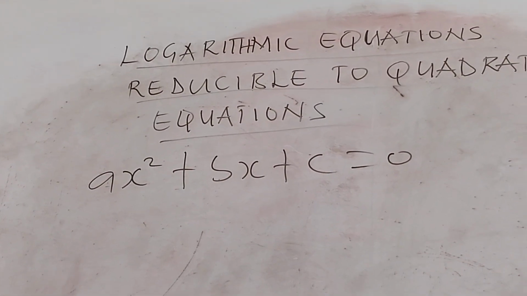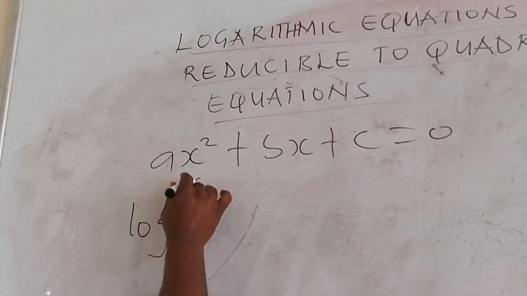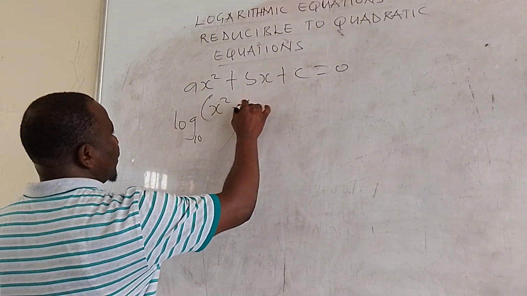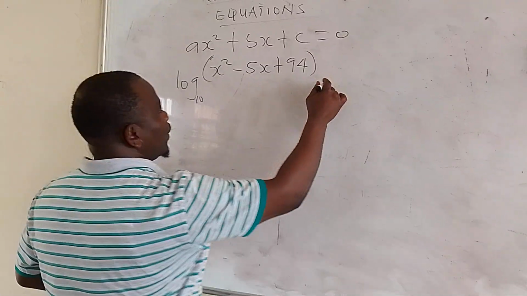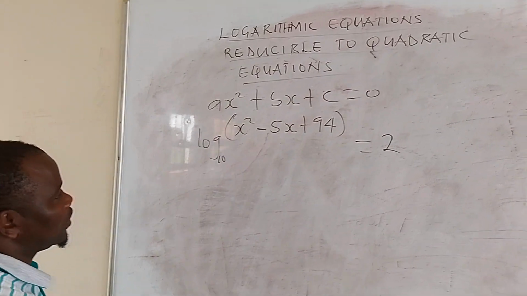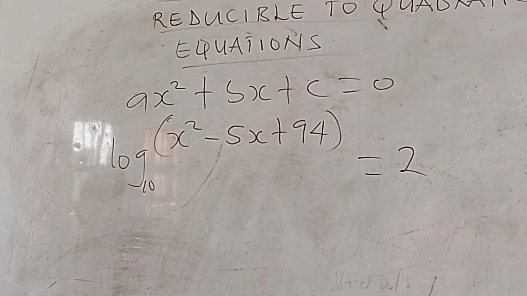But if we have equations of this form, log base 10 of (x squared minus 5x plus 94) equals 2, these are logarithmic equations. Is that clear? So please take note.